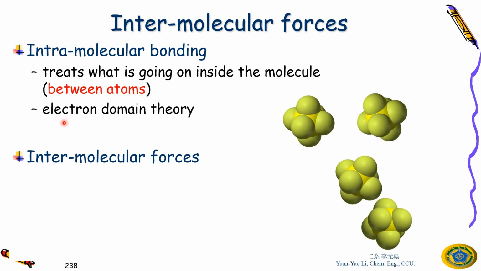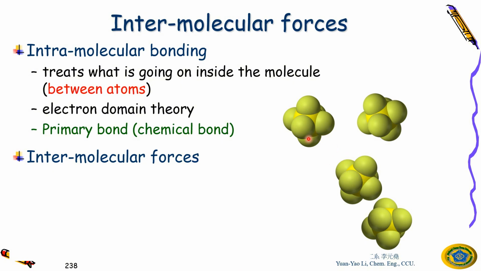Okay, and we use electron domain theory to explain this, to explain the shapes of the molecules. So this is what we call primary bonds, and also chemical bonds. There's chemical bonding between the atoms. However, intermolecular forces are why it becomes gas, liquid, or solid.